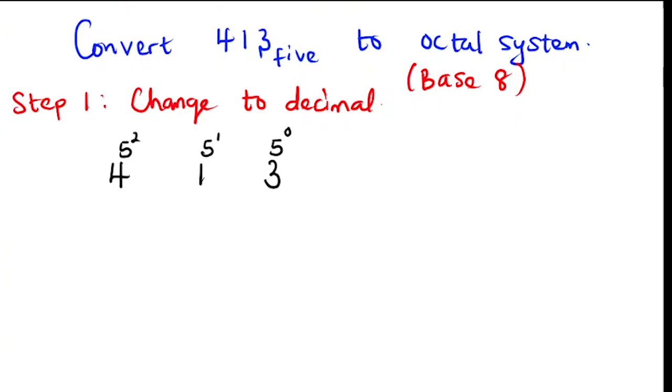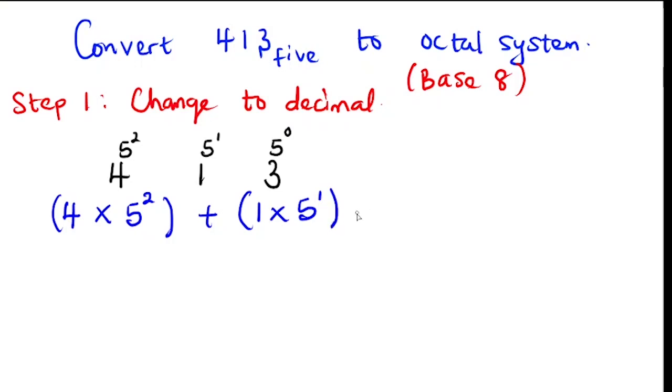Alright, so in expanded form now, we say 4 times 5 raised to the power of 2 in brackets, plus 1 times 5 raised to the power of 1, plus 3 times 5 raised to the power of 0. Once we simplify this, we've gotten our answer in decimal or base 10.